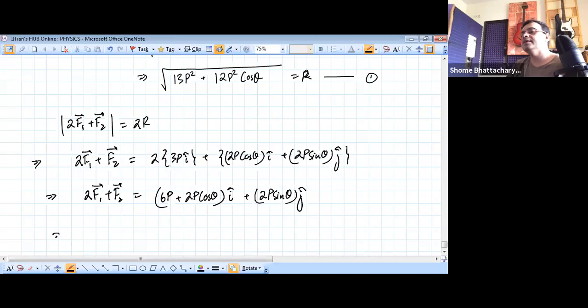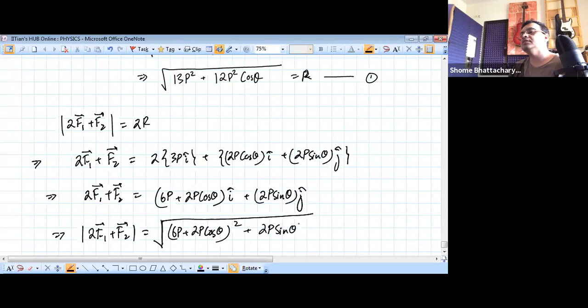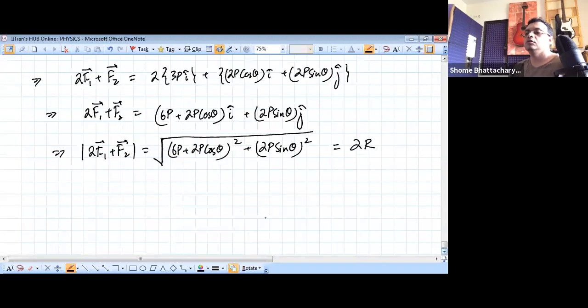Okay. So its magnitude, you have to just convert this to mod form now. So (6p plus 2p cos theta) whole square plus (2p sin theta) whole square. Now this magnitude is supposed to be 2r. So now just simplify the quantity inside the square root.